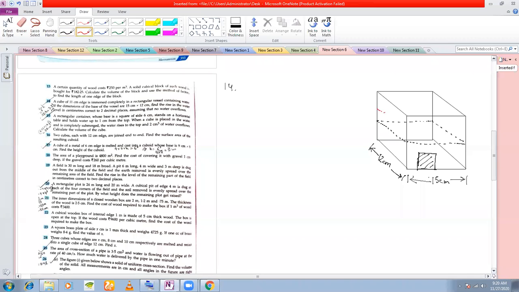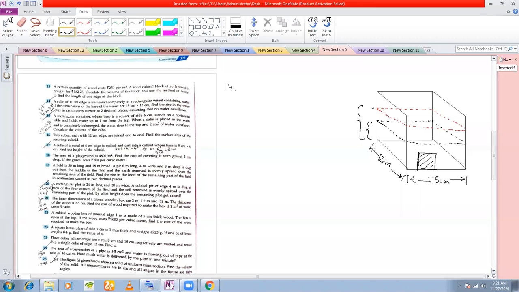This water level rises to, say, this level. So the initial level was this, and the final level is this. The water level rises. The question is by what height; find the rise in water level in centimeters.